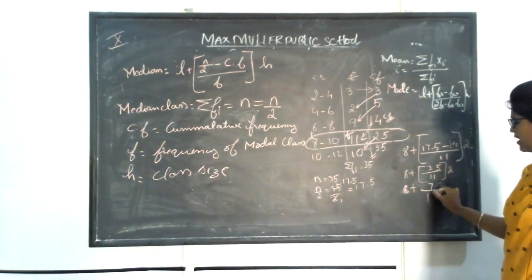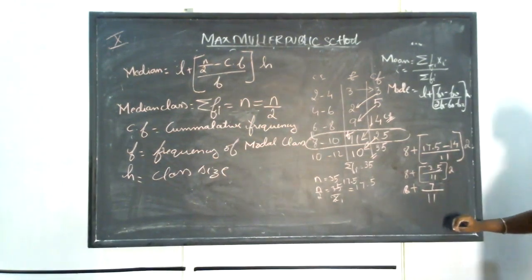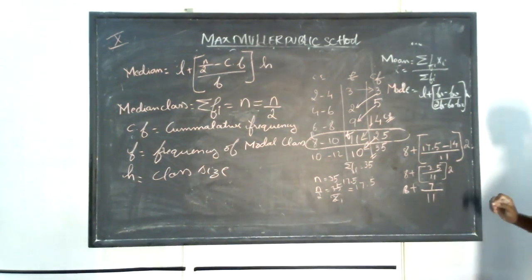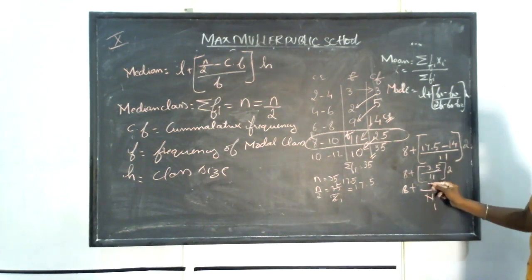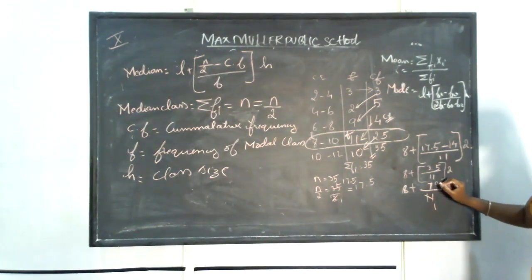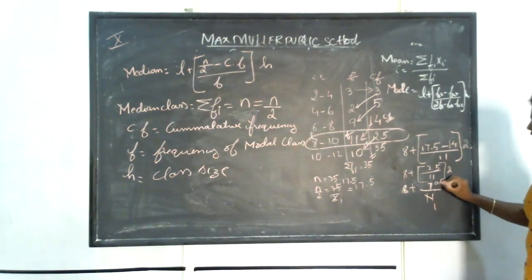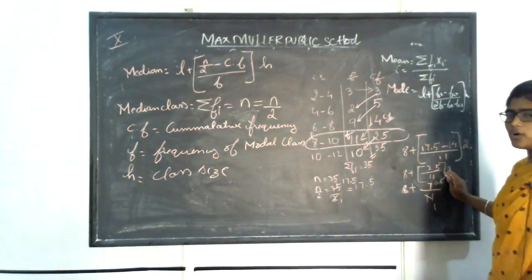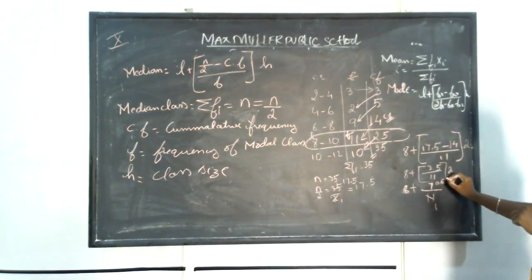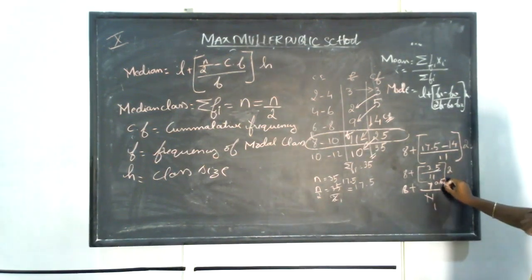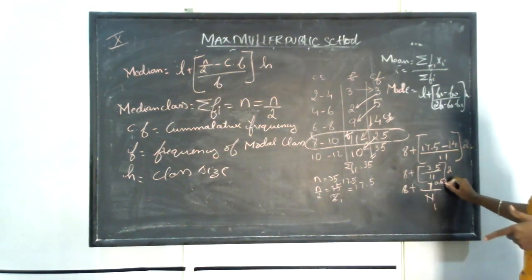Divided by 11. Now I need to divide it, or you can take LCM. Let me divide it, it will be easier. 11 1s are 11. 7 will not go, so I put 0. Putting the point, it becomes 70. 11 6s are 66, 4 will be left out. It becomes 40. 11 3s are 33, 7 will be left out. 70 will be there, and again you come back with 6.